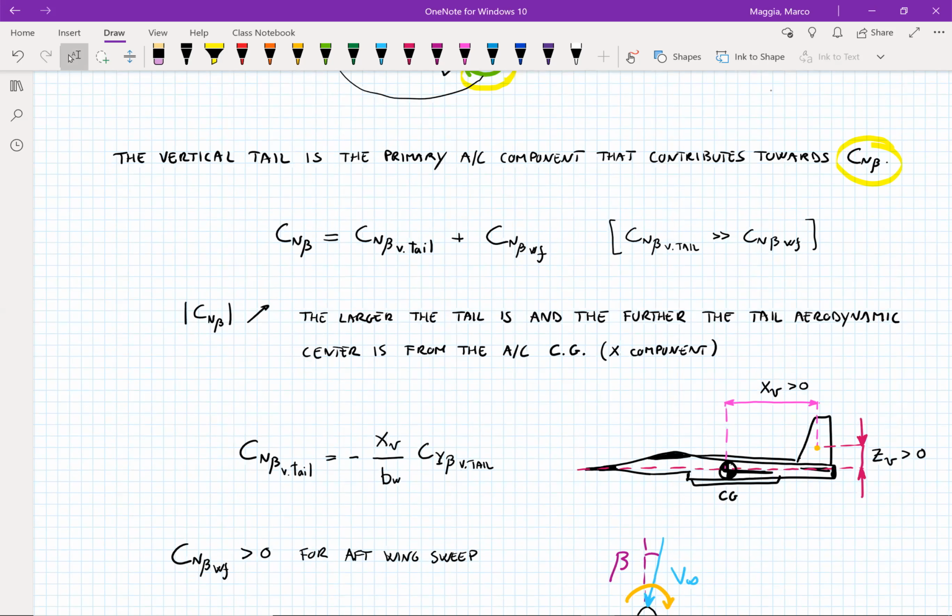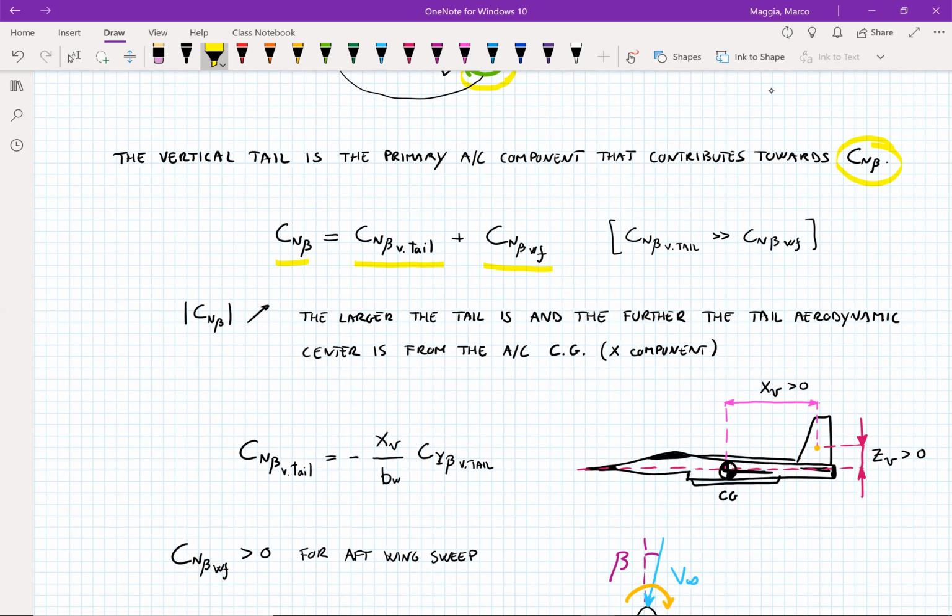Now, if we analyze the composition of the derivative, we should have, to be precise, two contributions, one given by the vertical tail and the other component given by the wings and the fuselage, so WF.